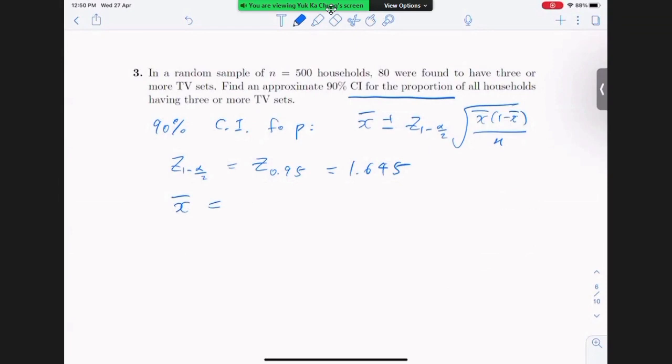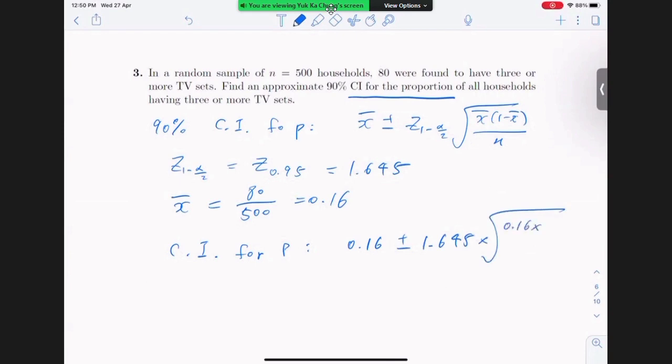So the sample proportion will be obtained as 80 divided by 500. So this is how we obtain the sample proportion. So the confidence interval would be equal to 0.16 plus or minus this normal quantile multiplied by this standard error, and the sample size, 500.